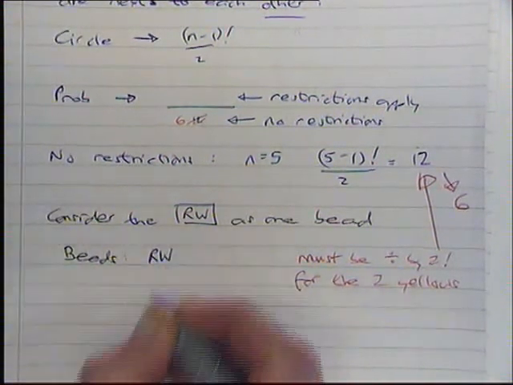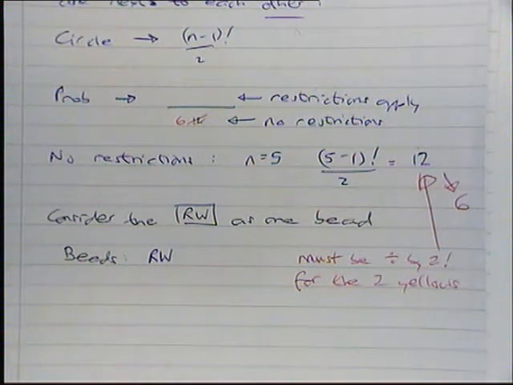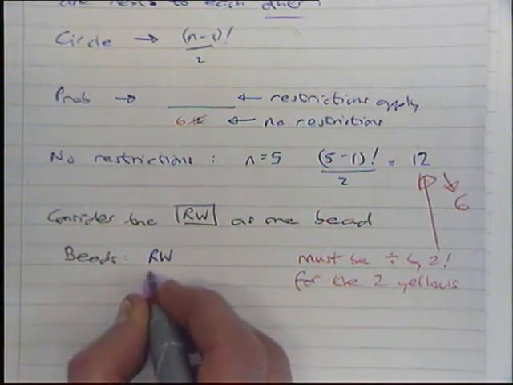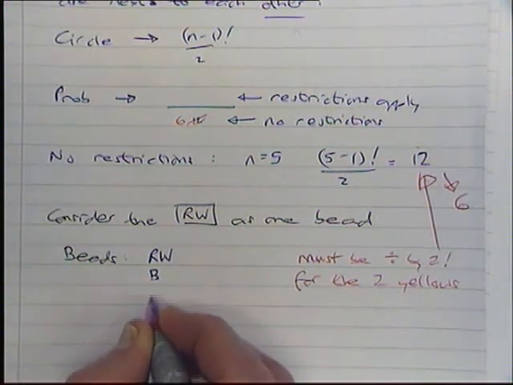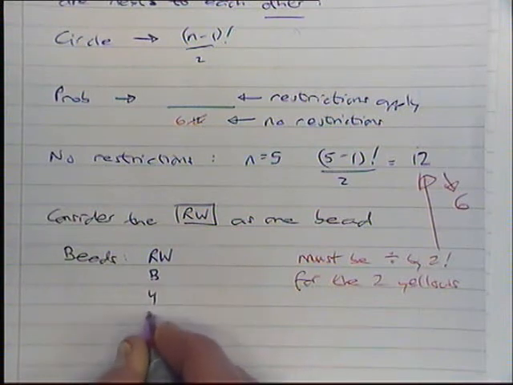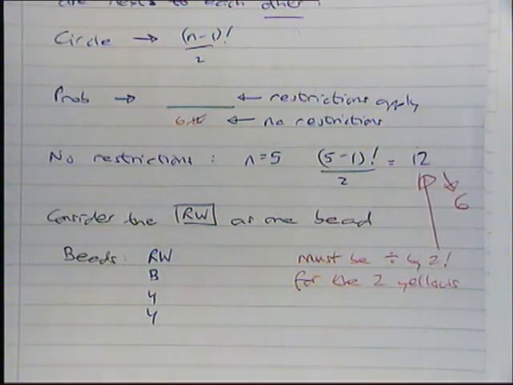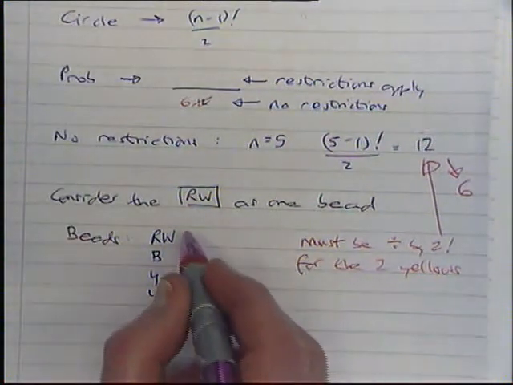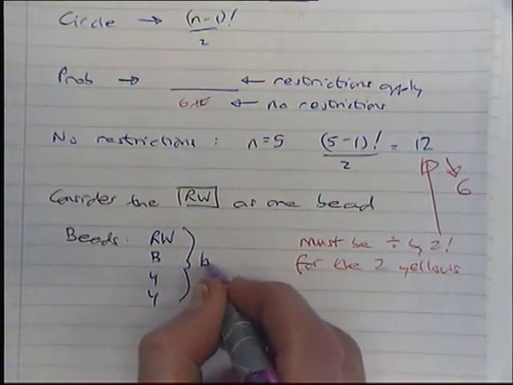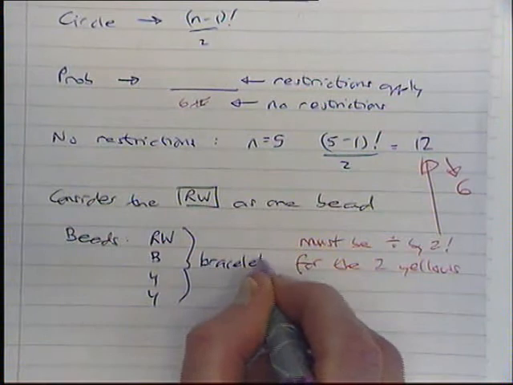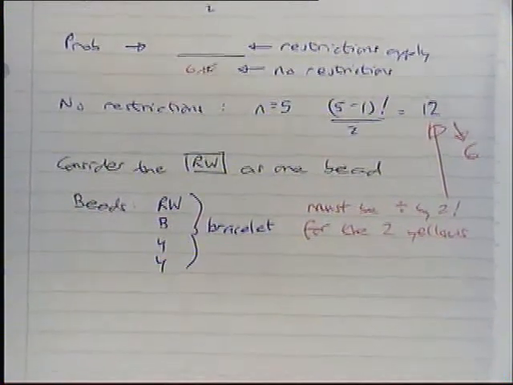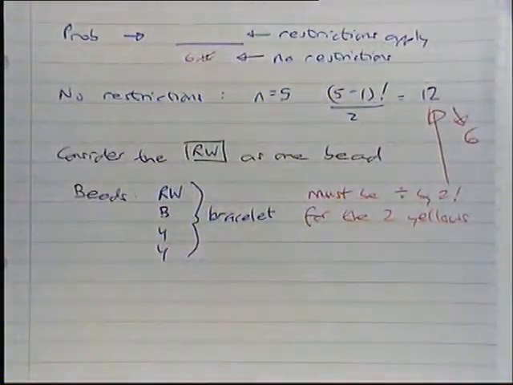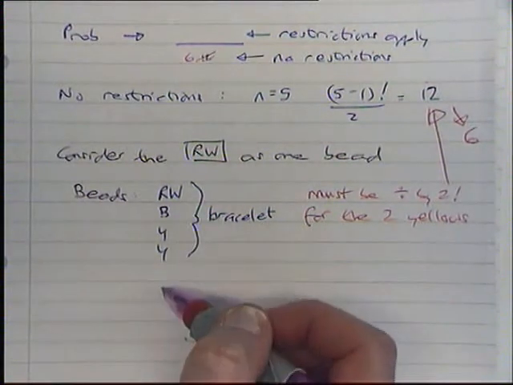We've got one red-white bead because we're considering that as one bead. We have a blue bead. We don't have a red bead anymore, and we have 2 yellow beads. That makes up the bracelet.